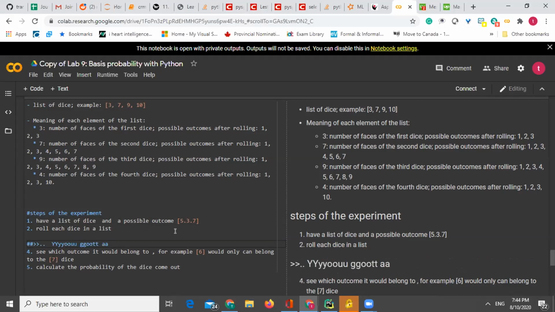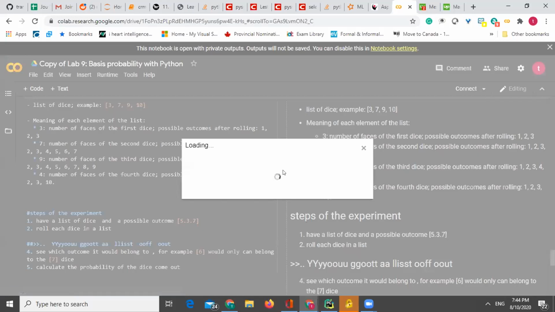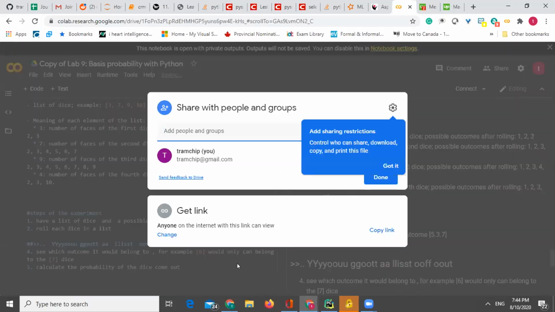My keyboard is not working well today. I don't know why. Maybe let me let you edit at your side, so you can edit it.